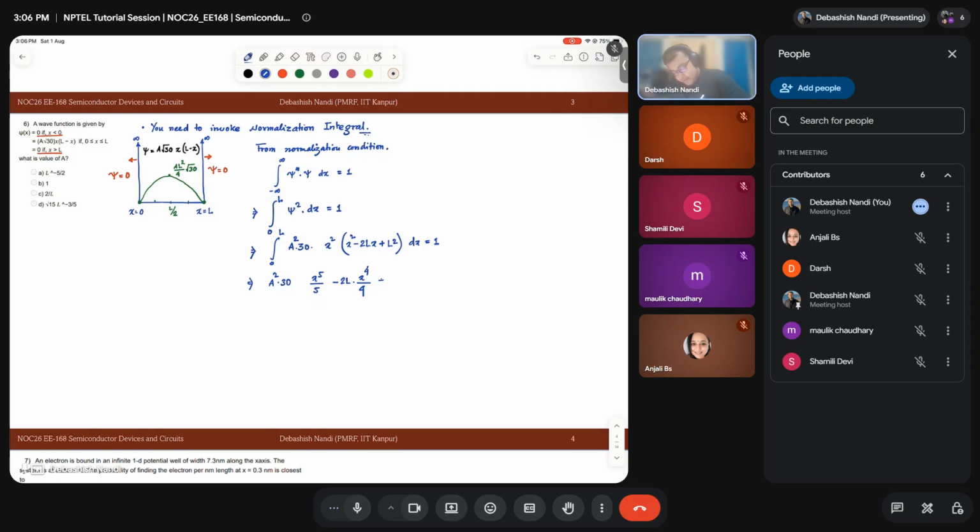Then I'll have x square, so that will give me x cube by 3. So I have A square 30, and from here I'll have L raised to 5 minus L raised to 5 by 2 plus L raised to 5 by 3.